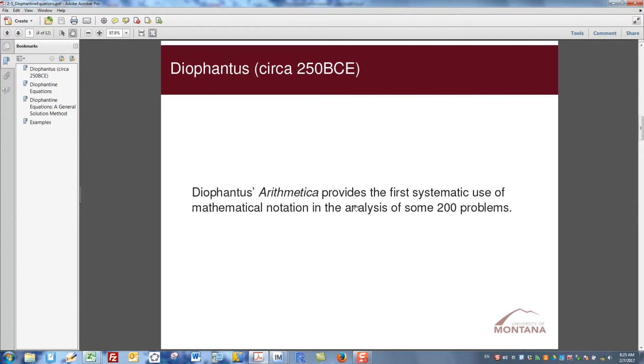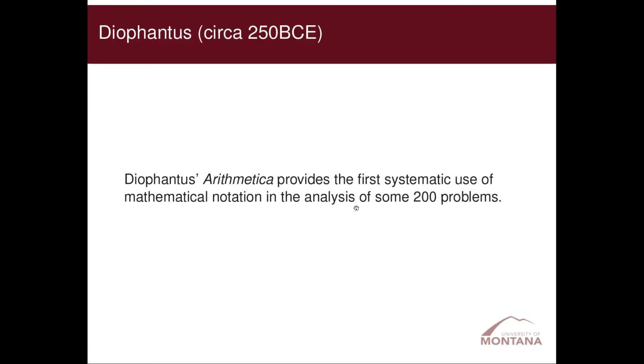But what we know mostly about Diophantus is that he leaves behind in the physical record a text called the Arithmetica, which provides evidence of the first systematic use of mathematical notation in the analysis of some 200 problems. We actually only have a part of the Arithmetica that survives.